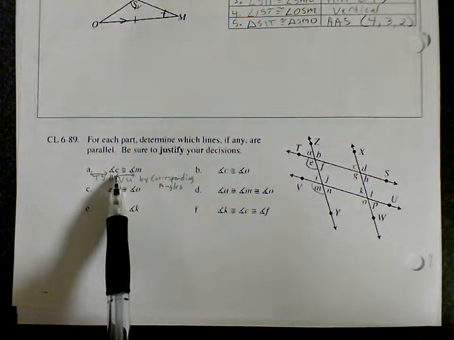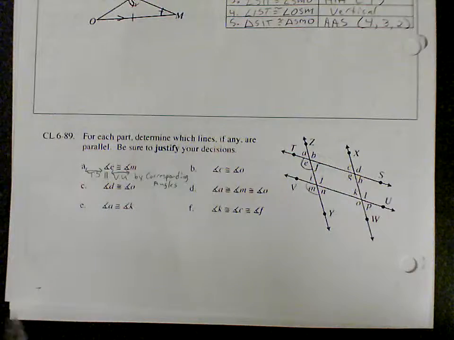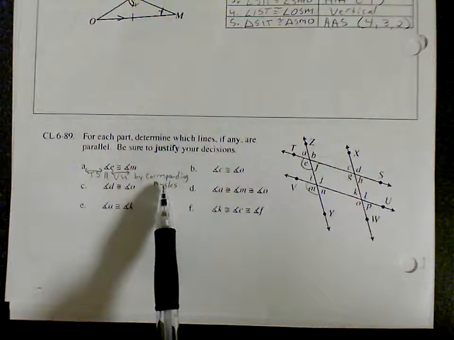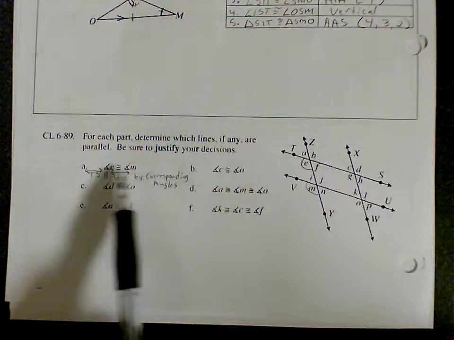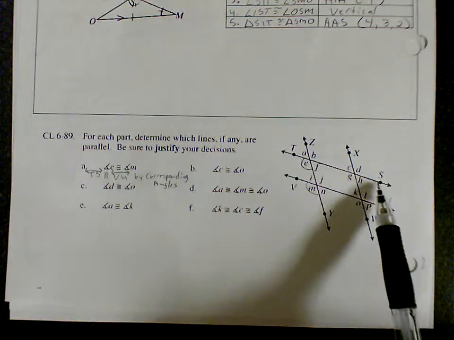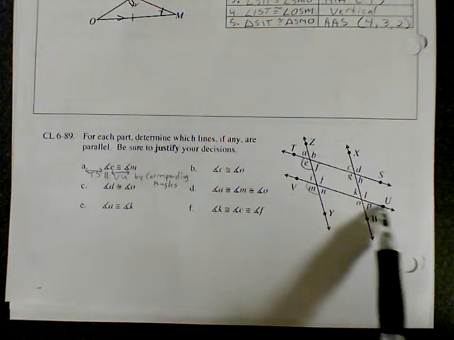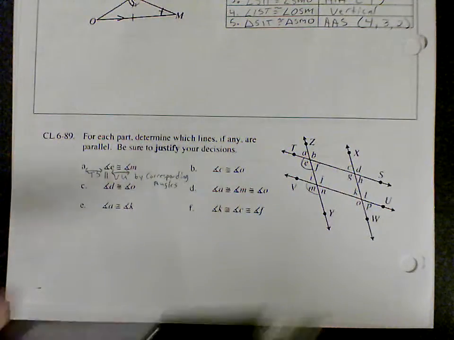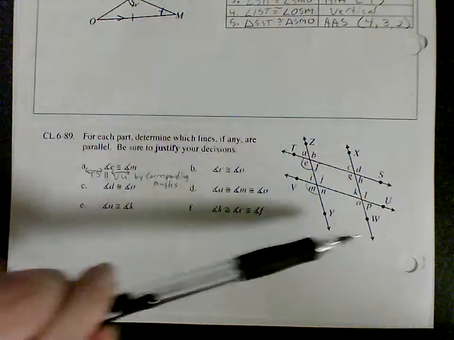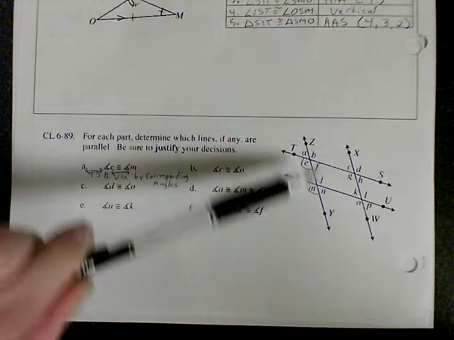Once again, I'm using the line notation, so there's arrows on both ends. And then put my reason by corresponding angles, which is the relationship between E and M. Also note there's dots. There's points on these lines, so this would be line TS. This would be line VU. This would be line YZ. And this would be line WX, since it's got those points.